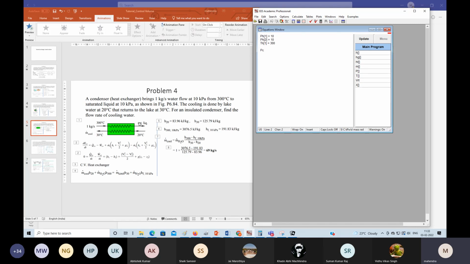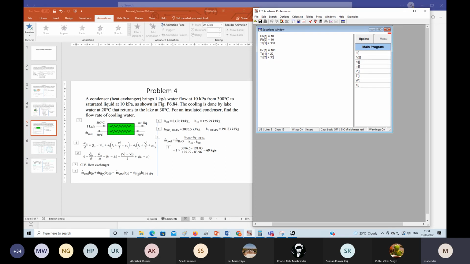Pressure of cold equals 100, it is considered. Even the pressure is the same actually for both cases, inlet and outlet. It is happening at constant pressure. The hot fluid is moving at constant pressure, and the cold fluid is also moving at constant pressure. Only temperatures matter here. Temperature of cold fluid 1 equals 20. Temperature of cold fluid 2 equals 30.